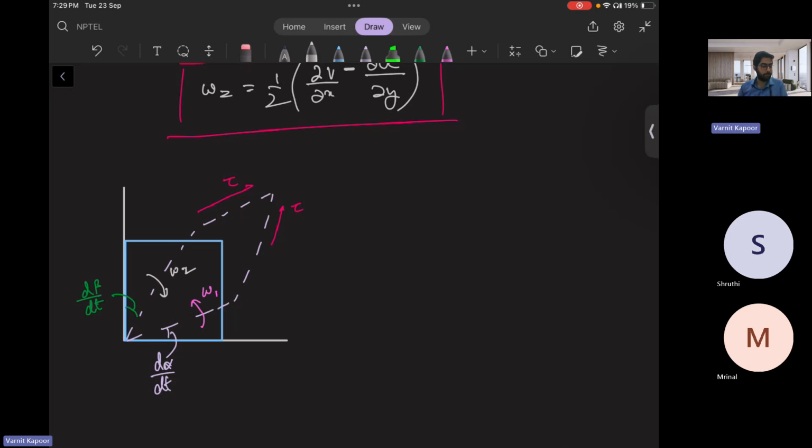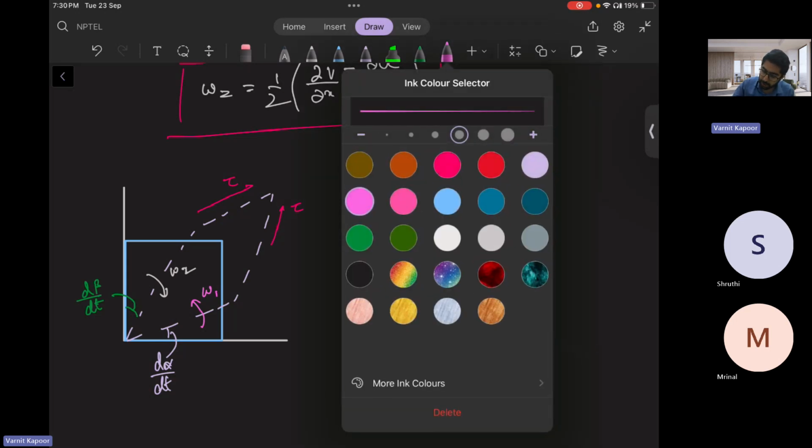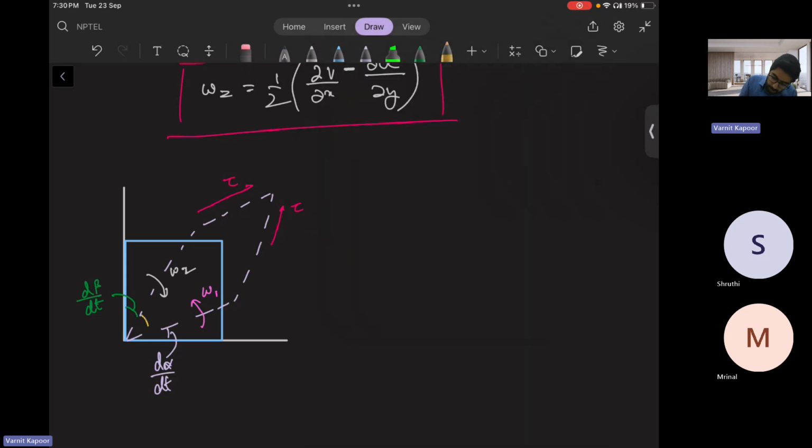Clockwise is omega 2 and omega 1. And this is your final change. How will you write it? It is the shear strain rate that has happened here, and it is because of dou beta by dou t and dou alpha by dou t.